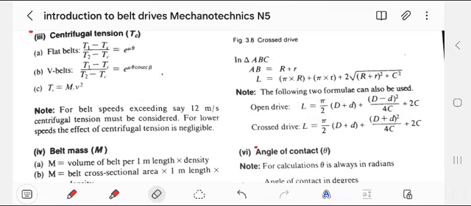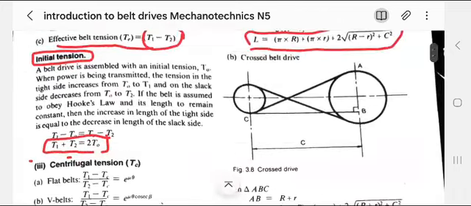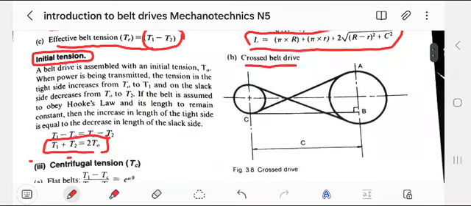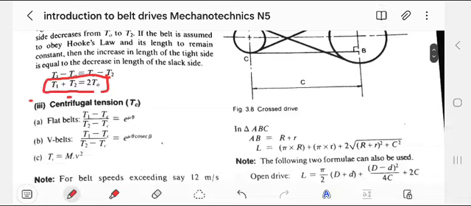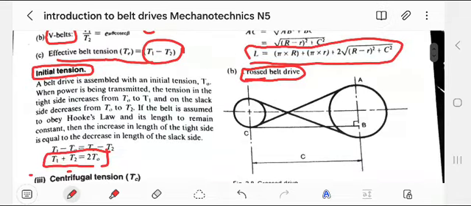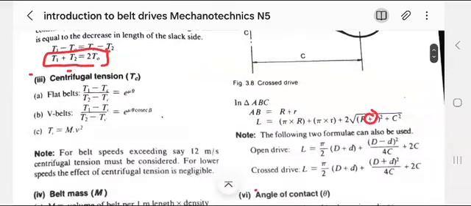So for cross belt, it will be a different thing now. The difference will be here: for cross belt we're having positive, and on this one we're having minus. The difference is only there.